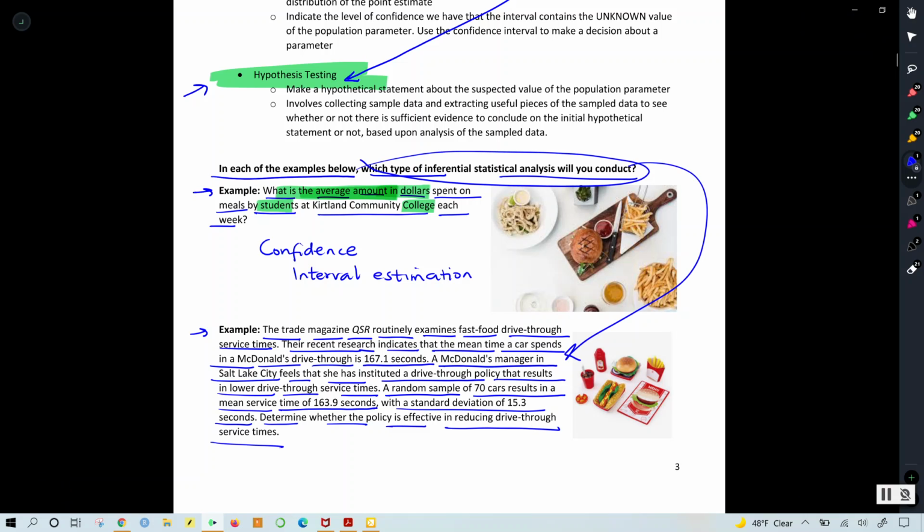Here is the tip for you. Well, there is already a recent research that claims that the mean time that a car spends in a McDonald's drive-thru is this value. So there is a claim already.